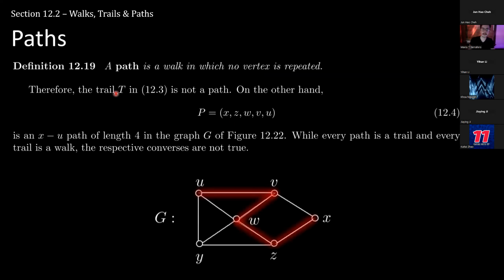And this is an important point. Every path is a trail, but not every trail is a path. And that will be an example of that, right? And every trail is a walk, but not every walk is a trail. So the respective converses are not true.